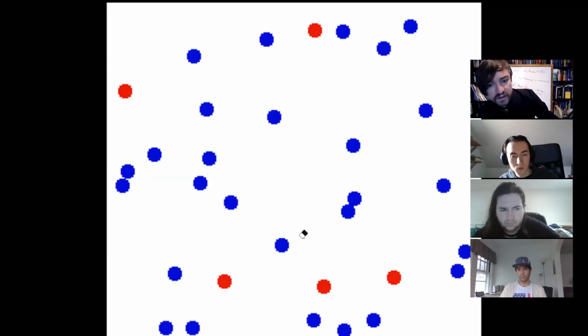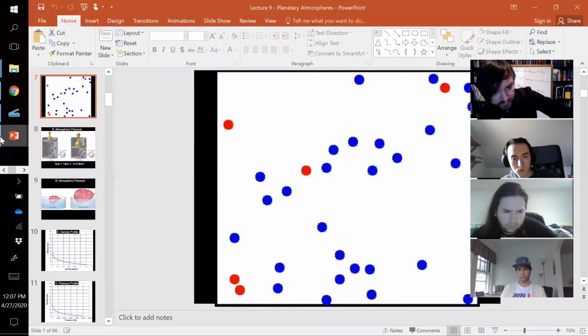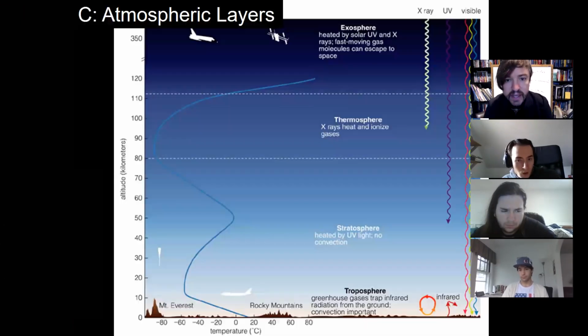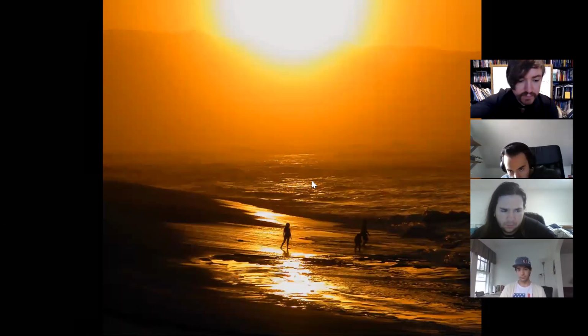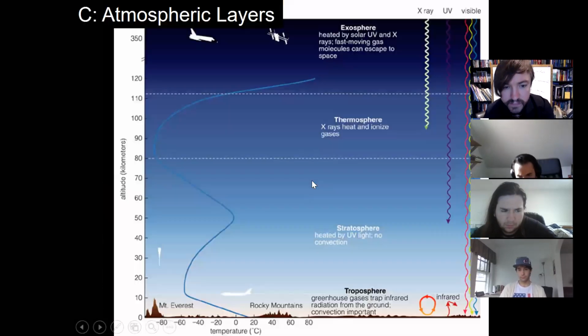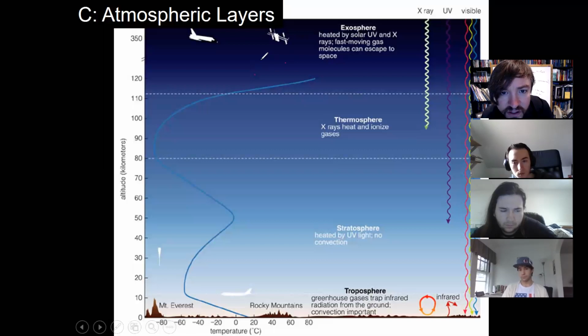So here, to use some technical mumbo jumbo, let's go to slide 25. Here, the gas particles are of such a low density that the mean free path allows the high-speed atoms to escape into space.